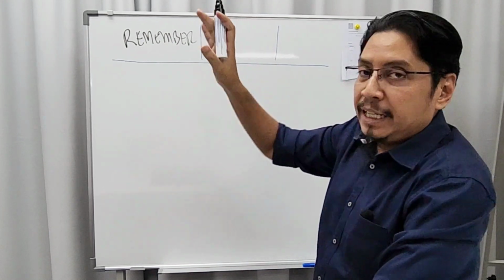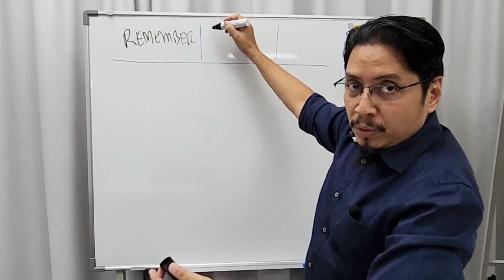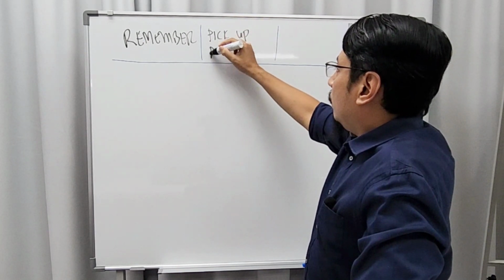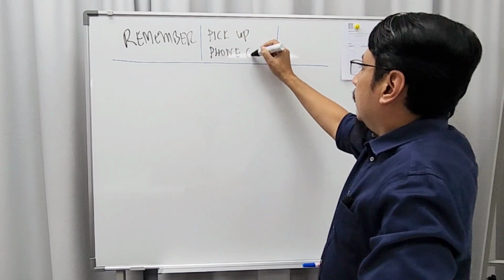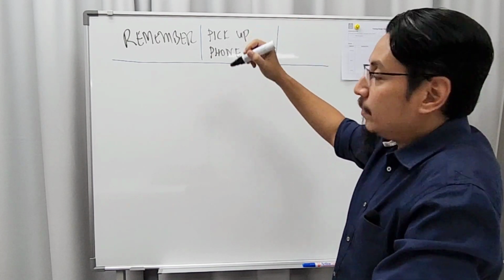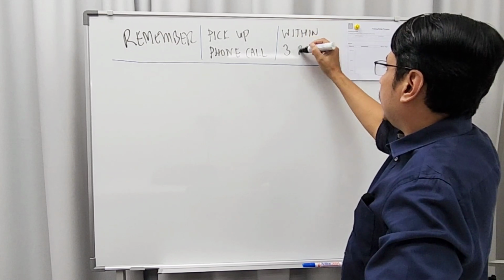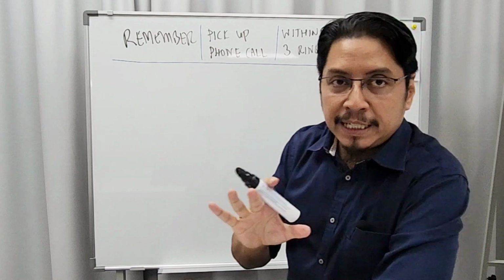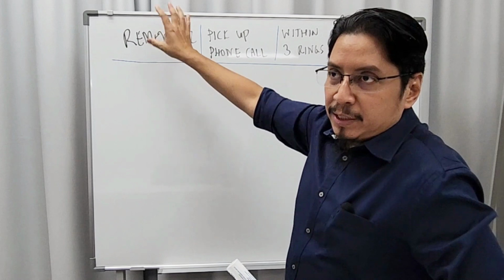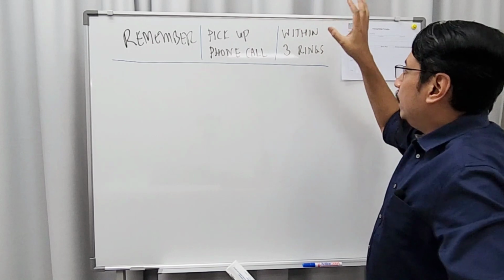Let's say at the end of the session, participants are required to remember how to pick up a phone call within, the standard is within 3 rings. So that's a simple objective that we have here. The performance is to remember, doing what is the condition: to pick up a phone call within 3 rings.